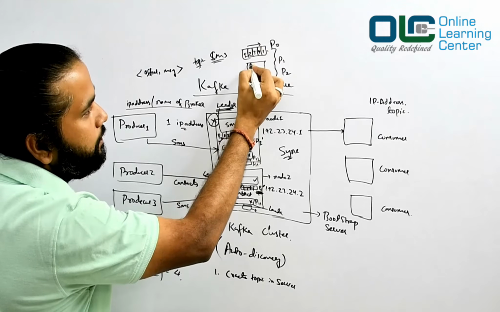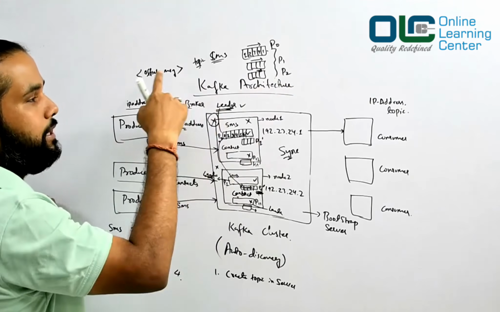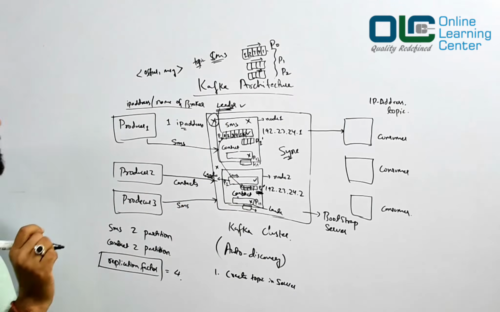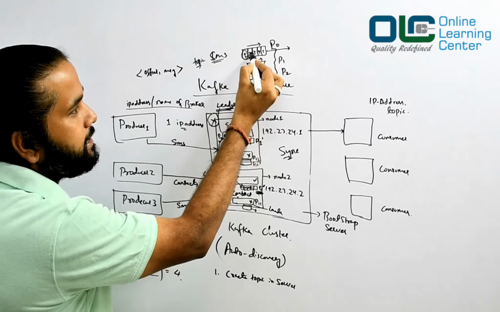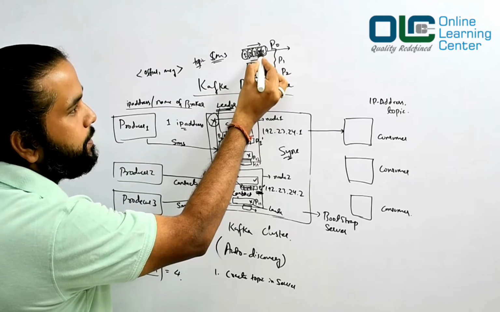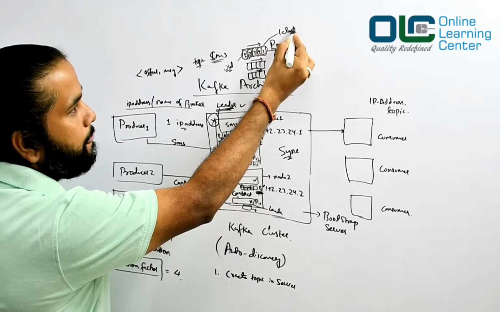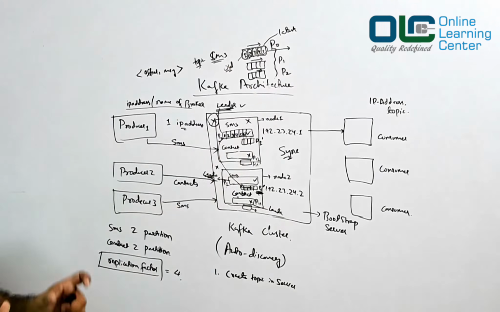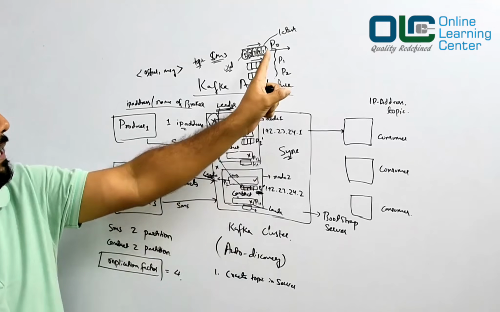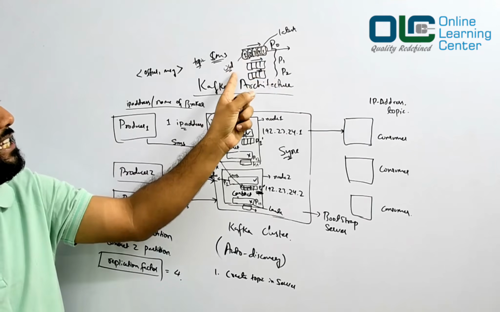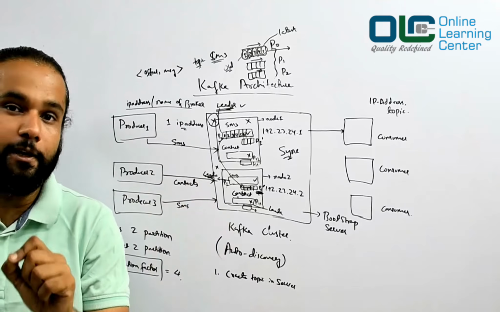Remember one thing: within each partition, the data is always written in ascending order of timestamp, which means this is the oldest data and this is the latest data. If you are given a partition, you can confidently say that the recent data is here and the oldest data is here. That ordering is guaranteed by Kafka.